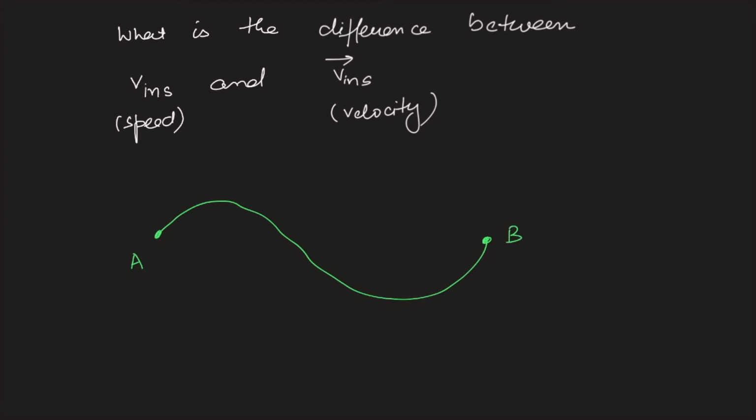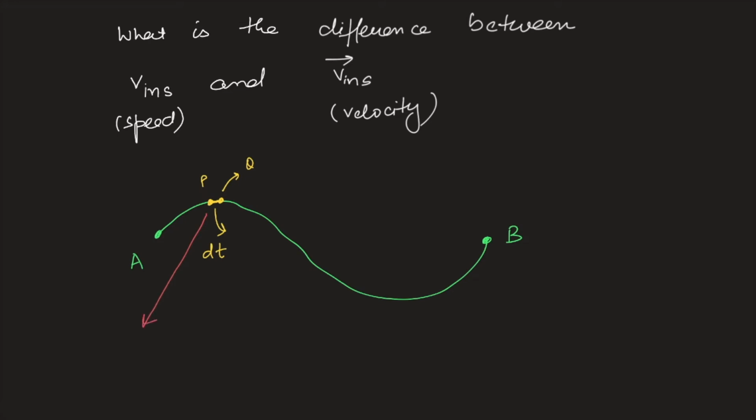And on this path, we want to take a point P and a point Q, that the particle covered, and the particle moved from P to Q in a very small interval of time, that was dt. Now something interesting happens.